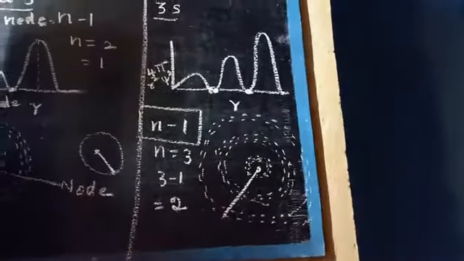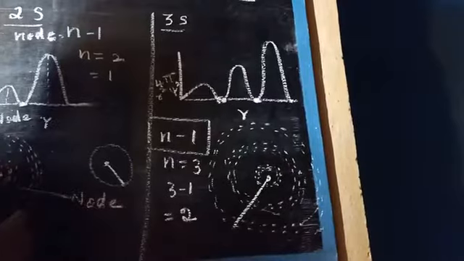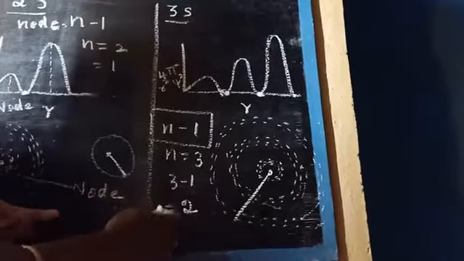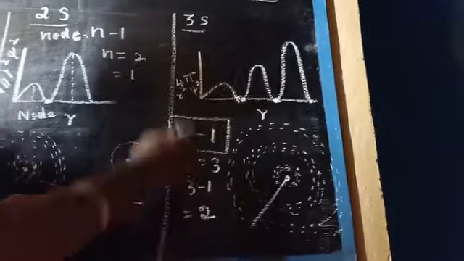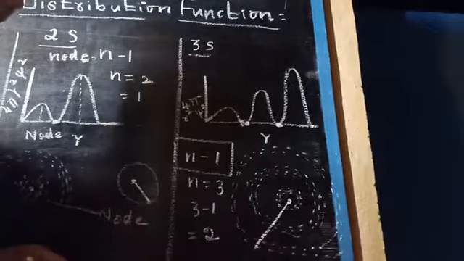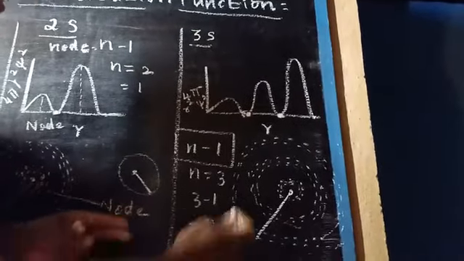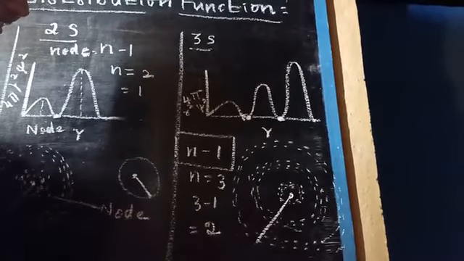Now find out the distance: it increases from the nucleus. The 1s alone is closer to the nucleus, so the size increases depending upon this number, the principal quantum number. As the principal quantum number increases, the size increases.